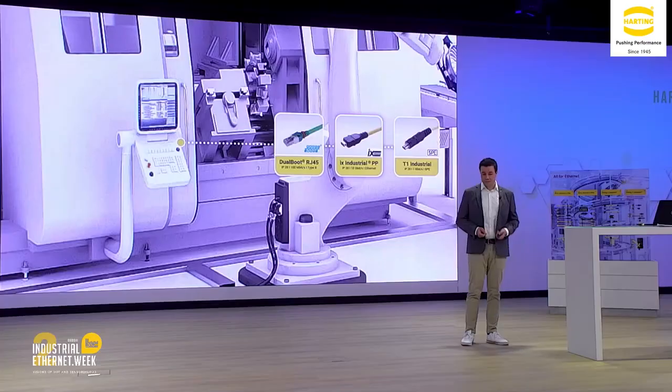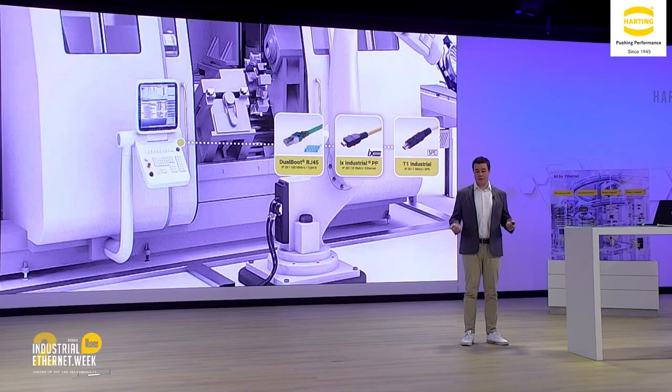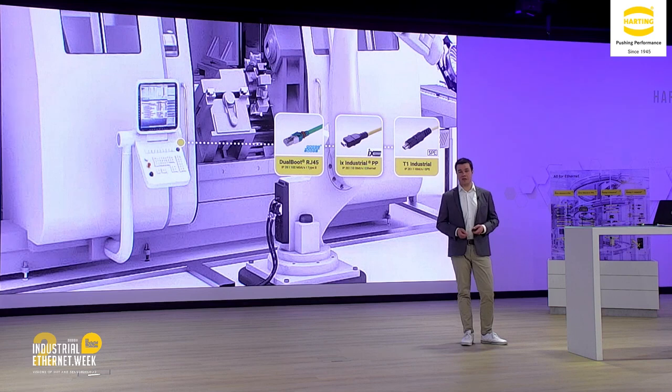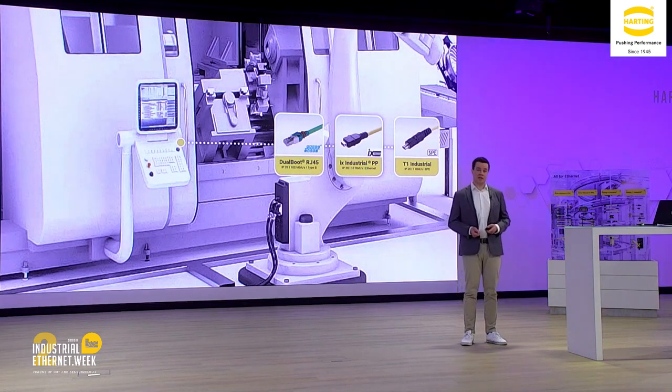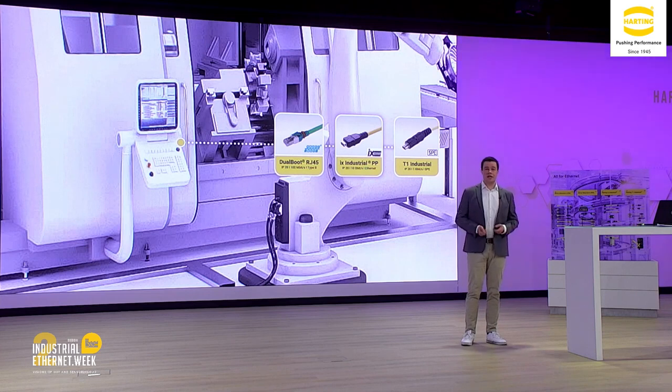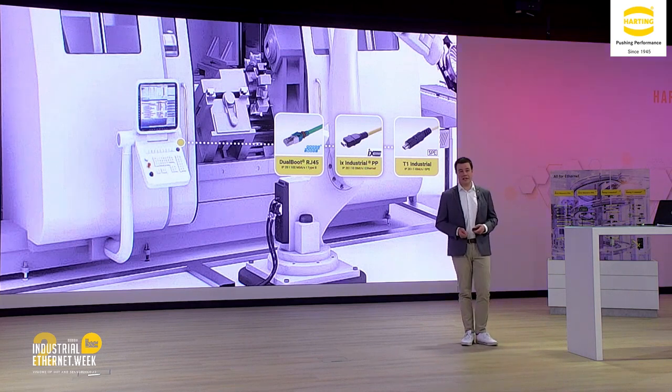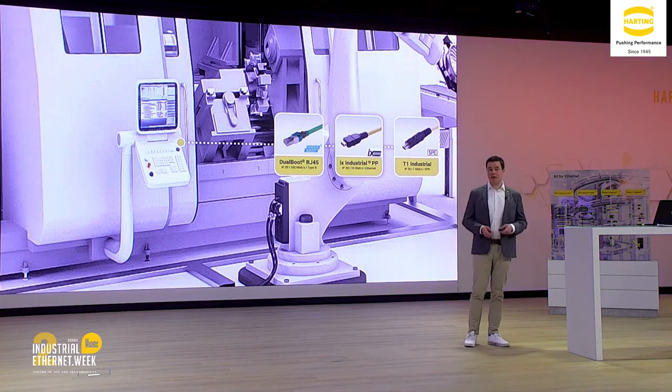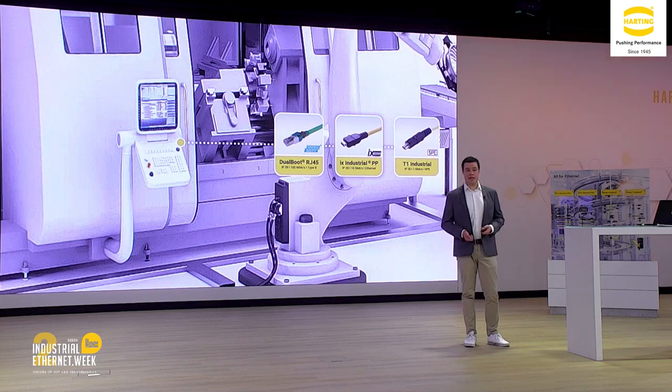And for sure, the data transmission is the same as for an RJ45, so you can transmit Cat6a up to 10 gigabits. But also newer technologies, and not only new mating faces, newer technologies like single pair Ethernet are also possible here in the IP20 area.